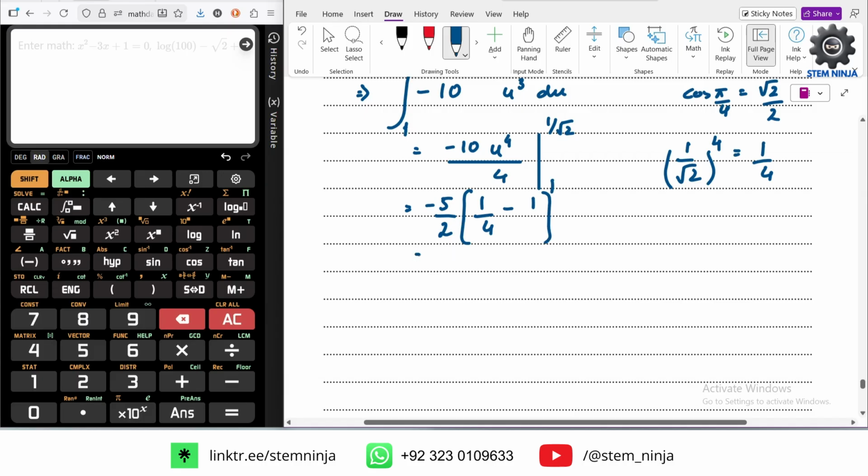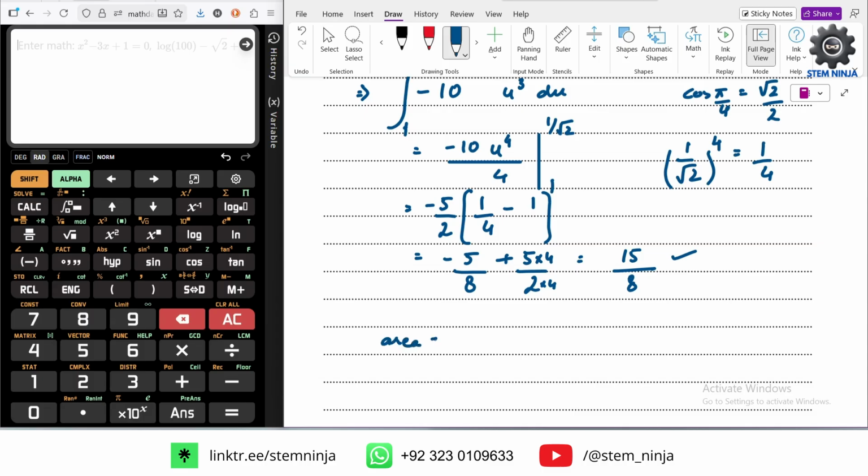So this is minus 5 over 8 plus 5 over 2, because minus minus. To add them, we need to multiply by 4, so 20 minus 5, 15, and this is 8. And this is the final answer. So area is equal to 15 over 8.